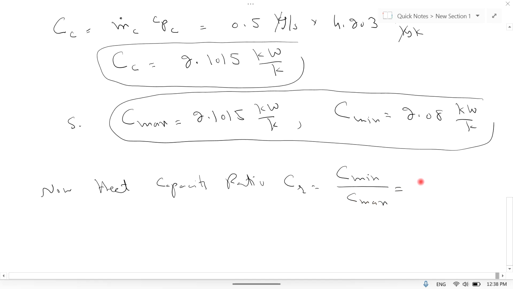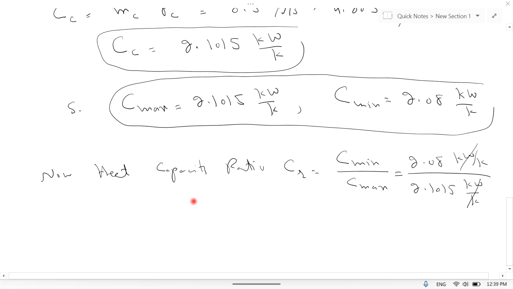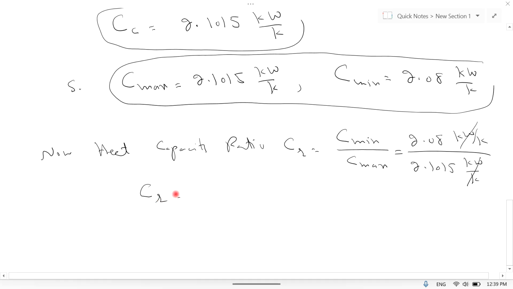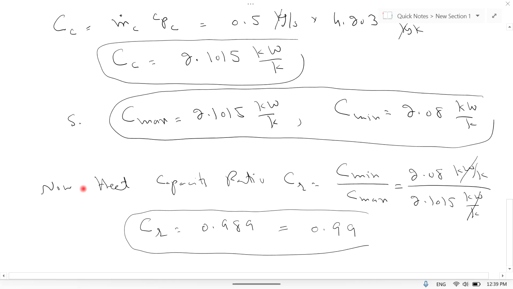So C minimum is 2.08 kilowatt per Kelvin divided by 2.1015 kilowatt per Kelvin. Kilowatt per Kelvin will be cancelled, and the heat capacity ratio is equal to 0.989, or if we round this, it will be equal to 0.99. This is the heat capacity ratio.